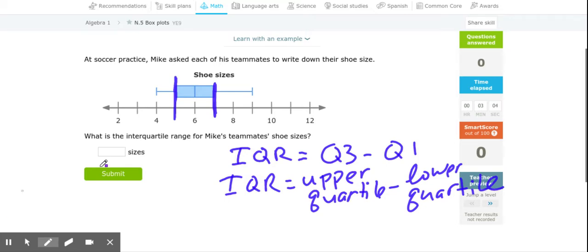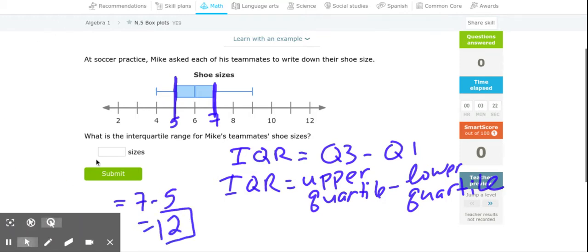So basically, the interquartile range is the range of this box here. So these go up by 1. So this right here is 5. This is 7. So in this case, the interquartile range is 7 minus 5, which is 2. So let's type that here.